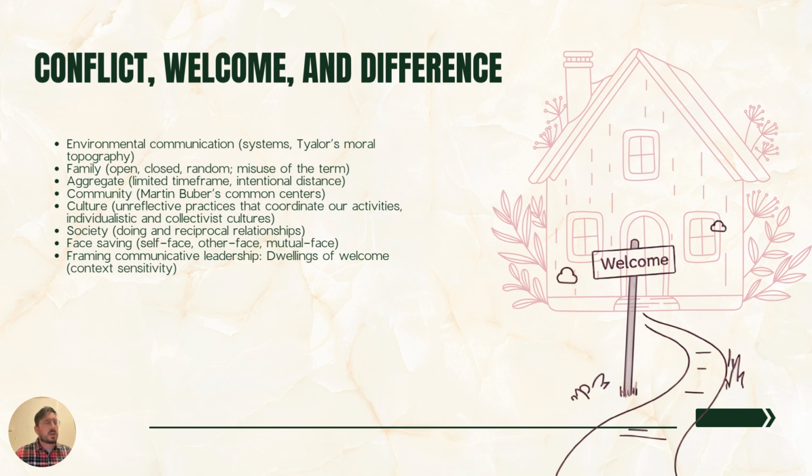There's also a critique at the end of the section that talks about how the term family has been misused in different contexts. Now, I don't know if you've ever been a part of a company or an organization where the term family was used, right? Where I have, where people talk about coworkers or the organization as being our family, right?